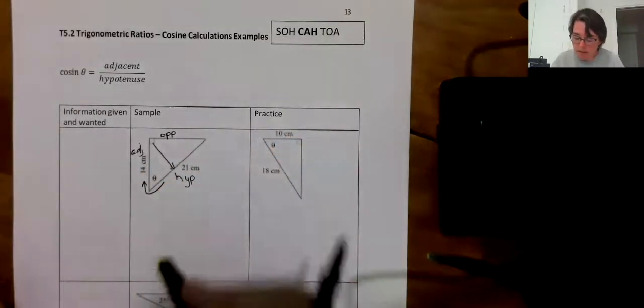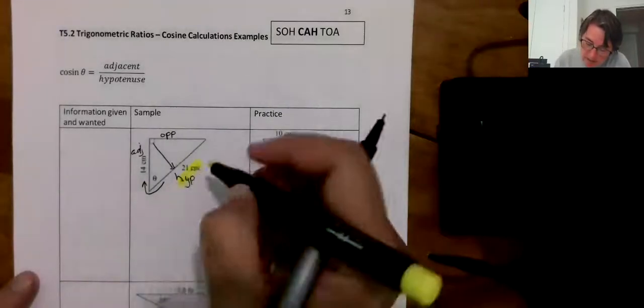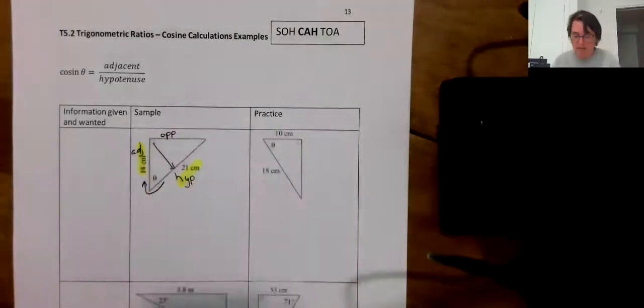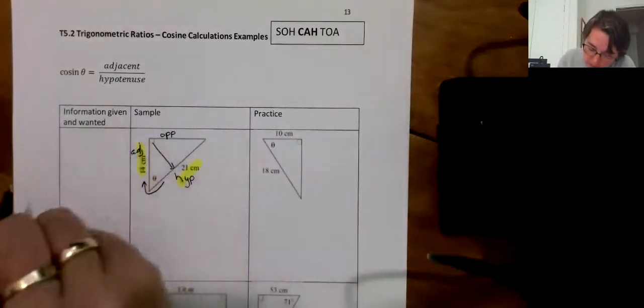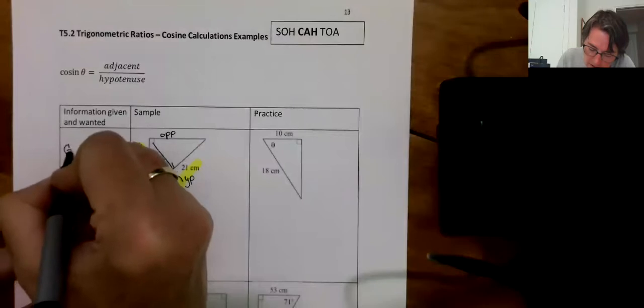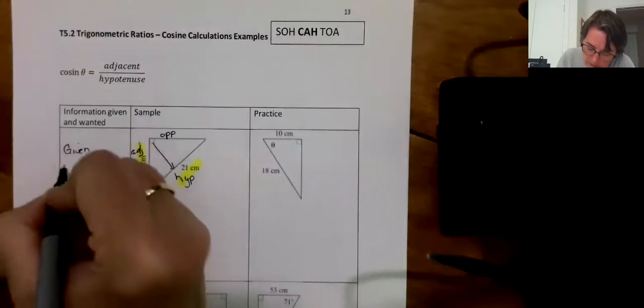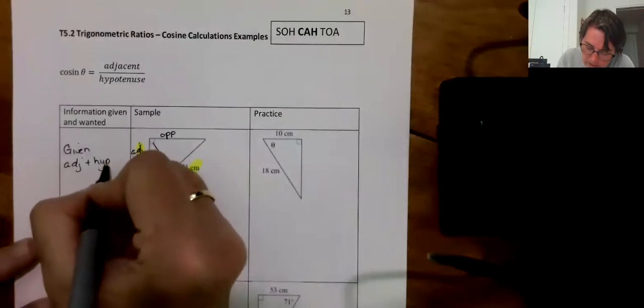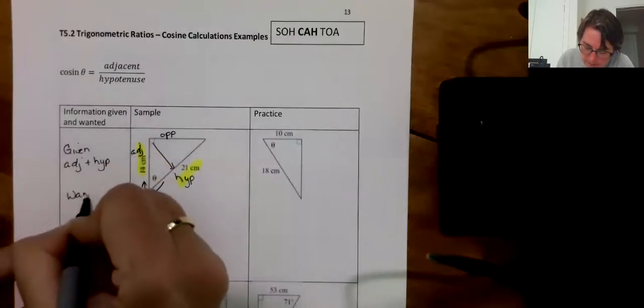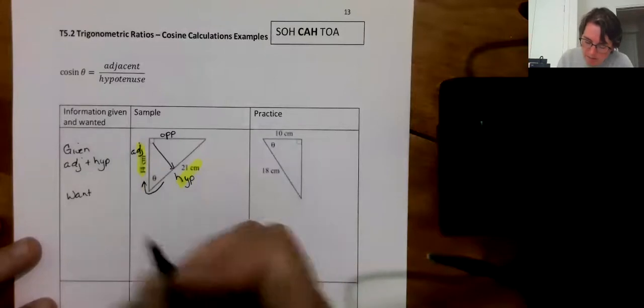Okay, let's make sure I got this figured out right. I got the hypotenuse, I got adjacent. Yep, so that will be cosine. So in this question, given adjacent and hypotenuse, and I want the angle.